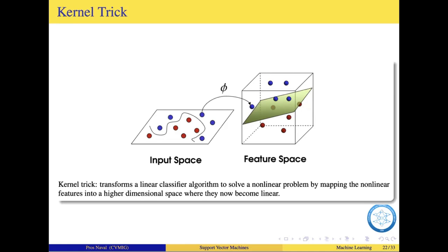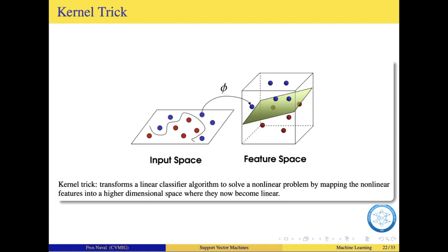So what should I do? Back to neural networks, which can give me non-linear decision surfaces? Yeah, you can do that. But Vapnik and colleagues discovered the solution. They call it the kernel trick.